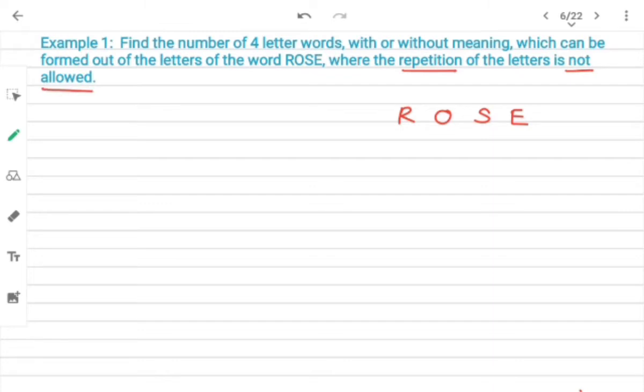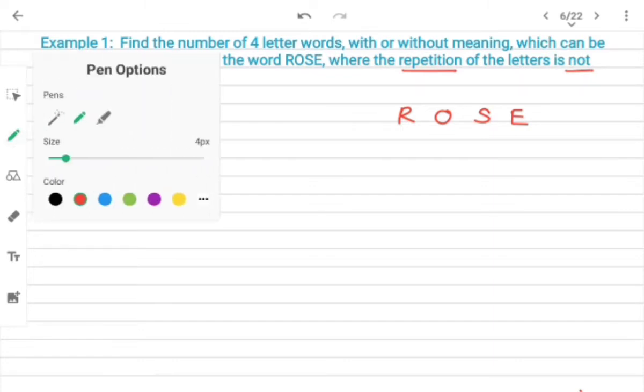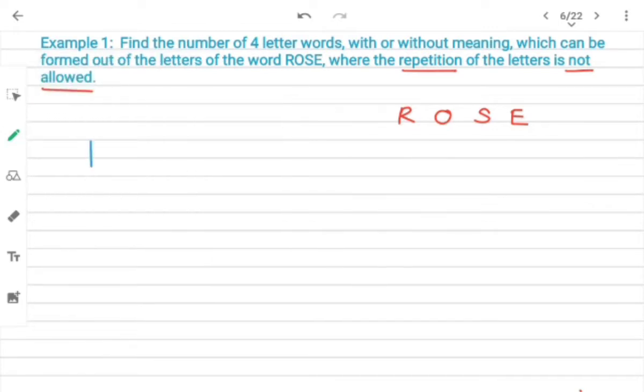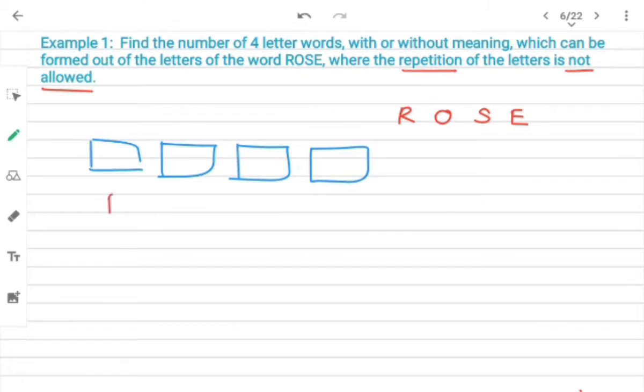Now we are going to frame 4-letter words. For that I am going to make a box. 4-letter, so I am going to make 4 boxes. In the first box, we have 4 options. Either you can place R, or O, or S, or E. Suppose I placed O in this box, then how many letters are left? 3 letters.